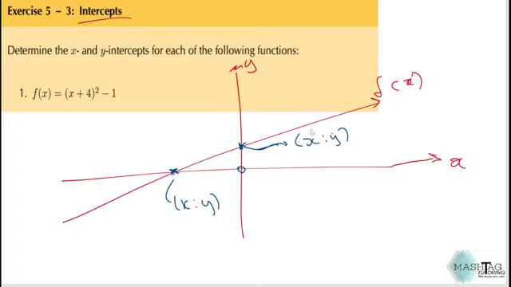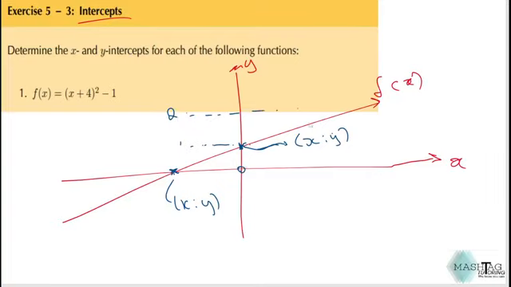But one more very important thing to note is, because this is zero, maybe here it's a 1, then maybe here we have a 2.